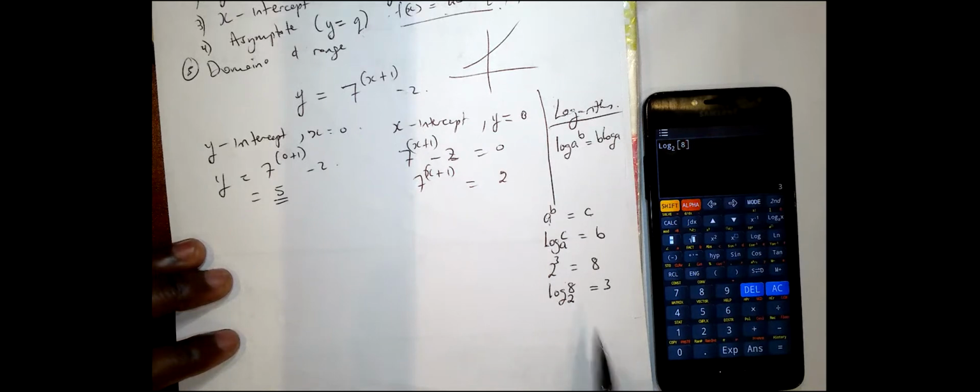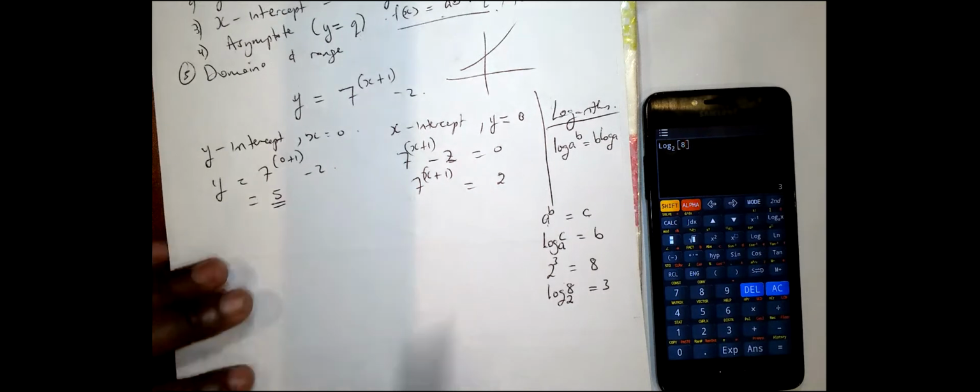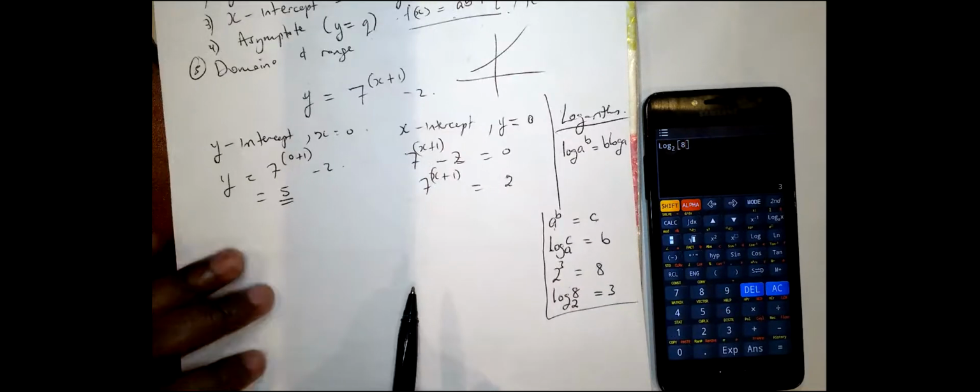So that's what I'm talking about here. Always remember this rule in case you face something like that.